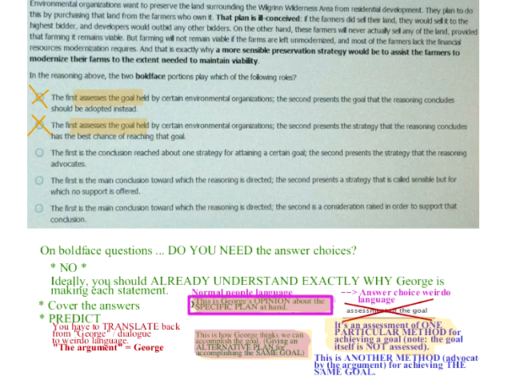What about this one? The first is the conclusion reached about one strategy. Oh my gosh, that is almost exactly what we said. That's pretty sweet. And then main conclusion: is this the main conclusion? It's not.